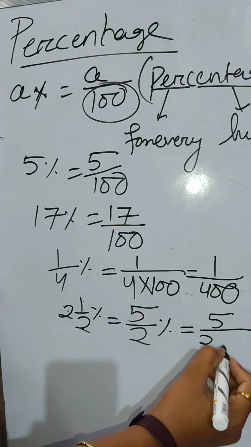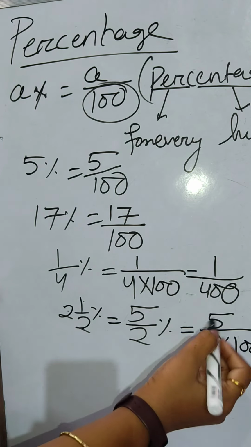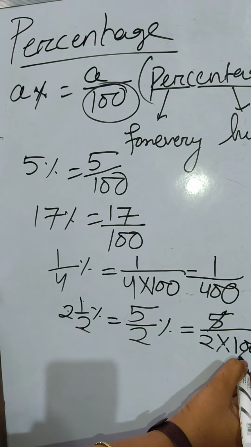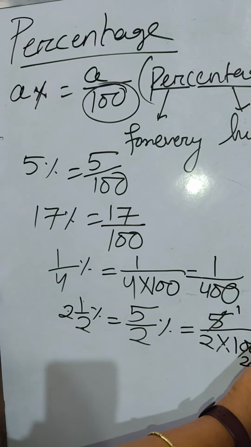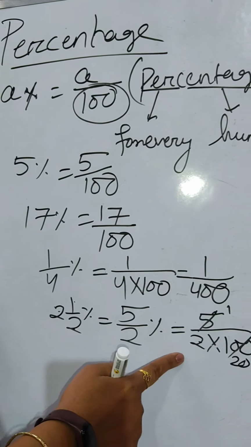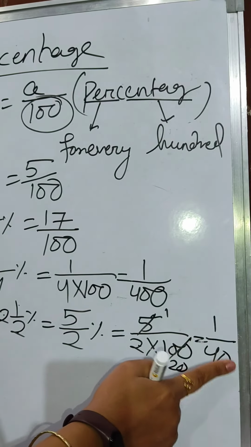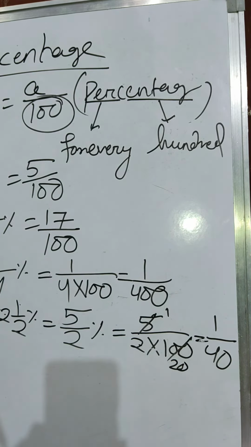So 5 by 2 into 100, which means 5 by 200, and if you cancel out you will get 1 by 40. This 5 by 2 is divided by 100, so into 1 by 100. So directly we will write 5 by 2 into 100.